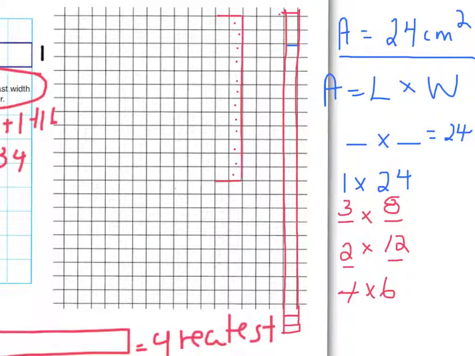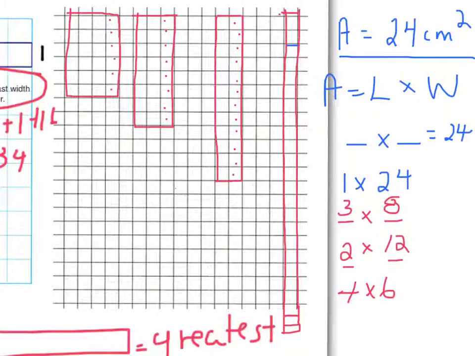A 2 by 12 rectangle has an area of 24. 3 by 8 we said. Okay, well 3, 1, 2, 3, 4, 5, 6, 7, 8. So 3 by 8 also has an area of 24. And the last one we said was 4 by 6. 4, 1, 2, 3, 4, 5, 6.